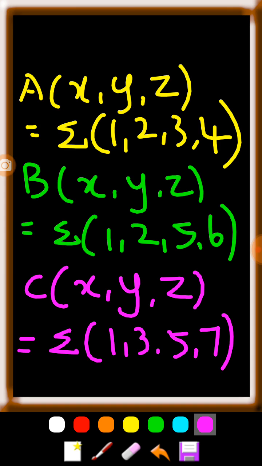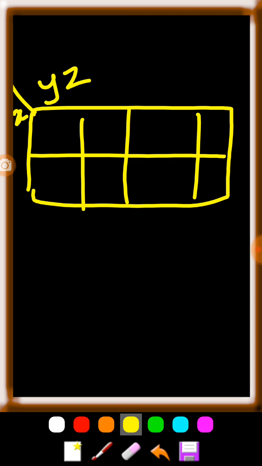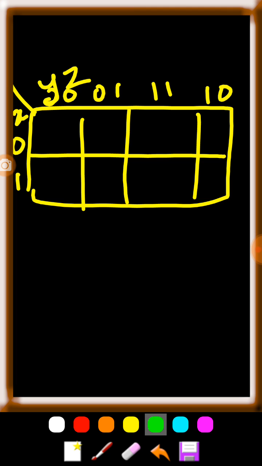So to find the expression for A, we need to go for a 3 variable map where the input variables are X, Y, Z, and the values are 00, 01, 11 and 10. So the block values here are 0, 1, 2, 3, 4, 5, 6 and 7.